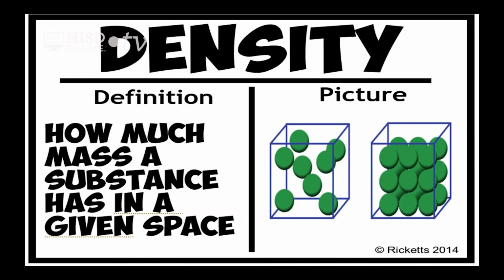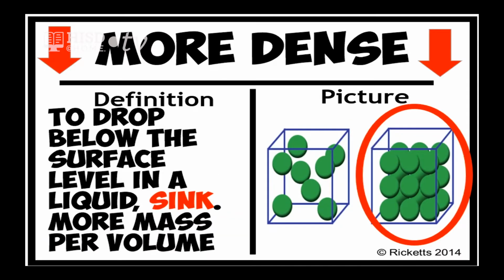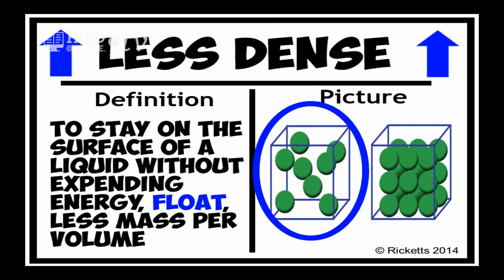More dense: to drop below the surface level in a liquid. Sink. More mass per volume. More dense. Less dense: to stay on the surface of a liquid without expending energy. Float. Less mass per volume.